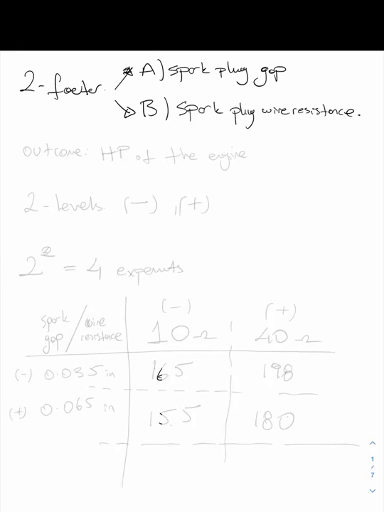And you want to measure the outcome variable as the horsepower of the engine. And for that, since you are doing 2 levels, each is going to have a minus and a plus value, that means that it will be 2 by 2, and that's going to be 4 experiments.